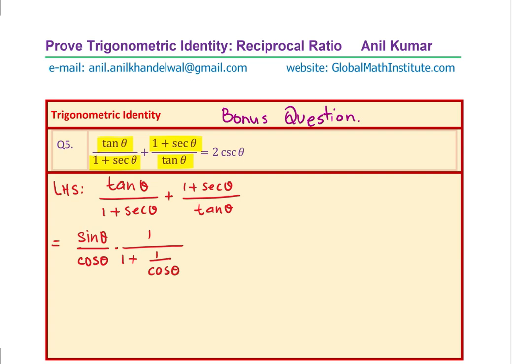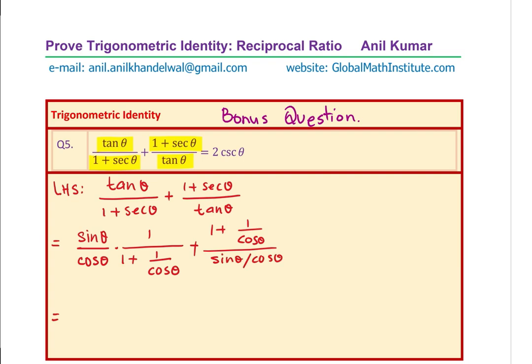Does it make sense to you, right? Similarly, I'm writing here as 1 plus 1 over cos theta over tan theta, which is sine theta over cos theta.